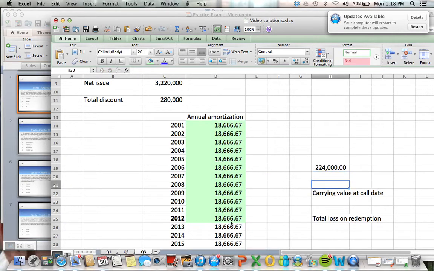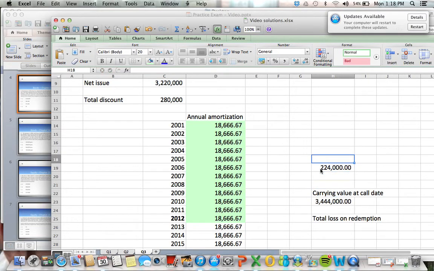And how do we know the carrying value? Well, we take the net issue, which was the original carrying value, and add all the amortization to date, which is the sum of the 12 years. So this is how much I get. Now, how much did they pay for the bond at redemption?